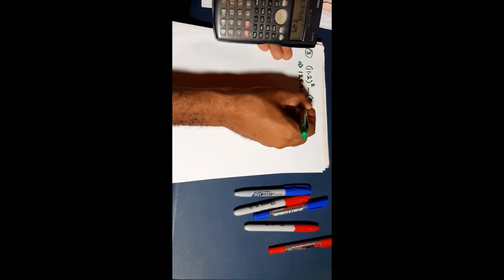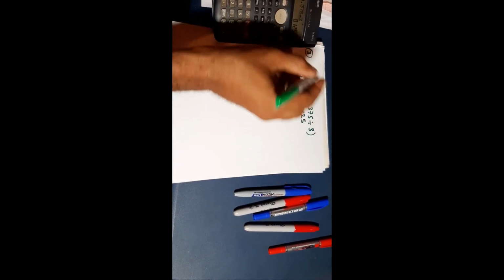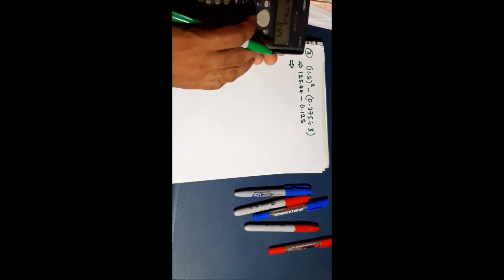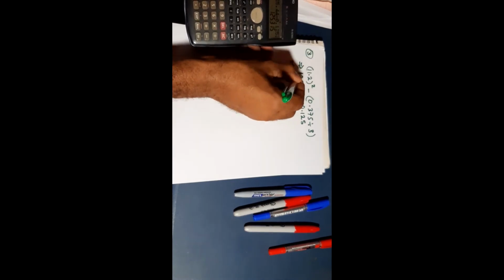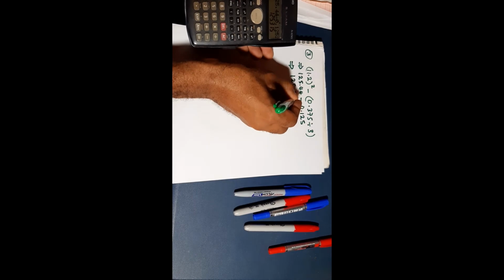Well, I could have actually written down this 0.125. Then we're going to subtract these. In the exam, just use a calculator. Don't bother to beat up your brain over it. Use a calculator, simply punch them in, get an answer and go. So the answer is 125.315. So this would be our exact answer.